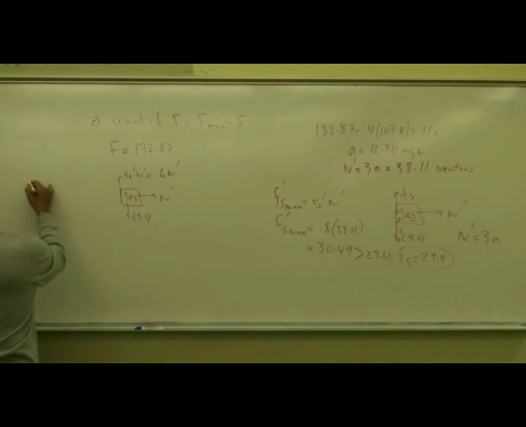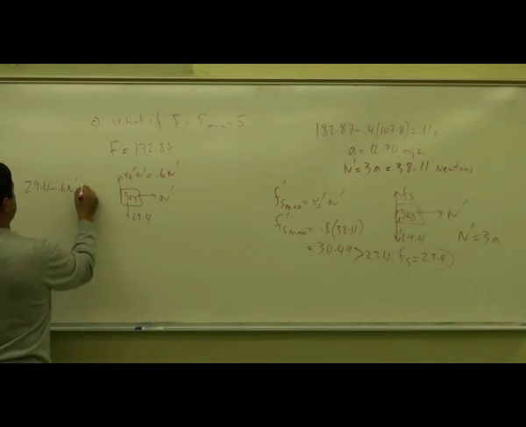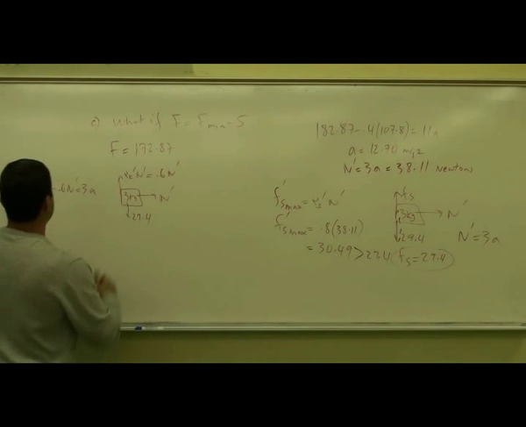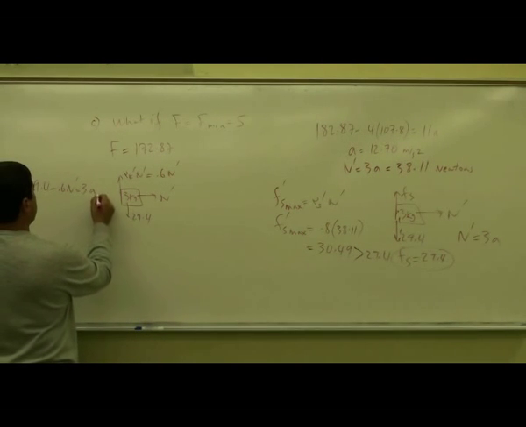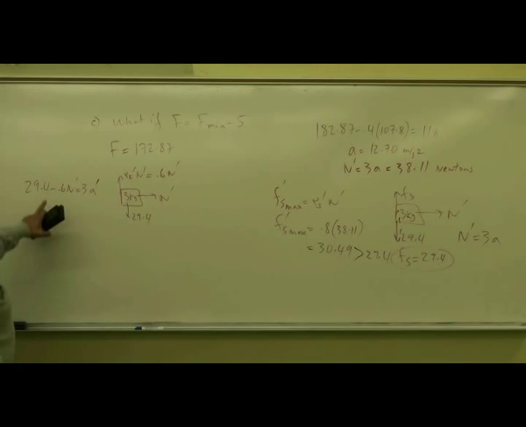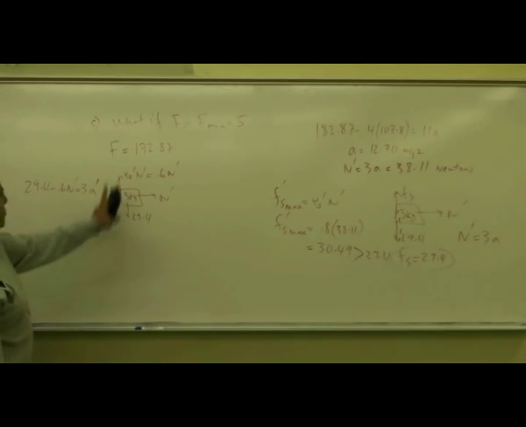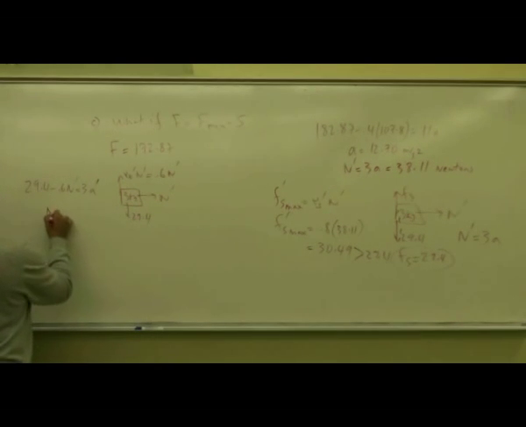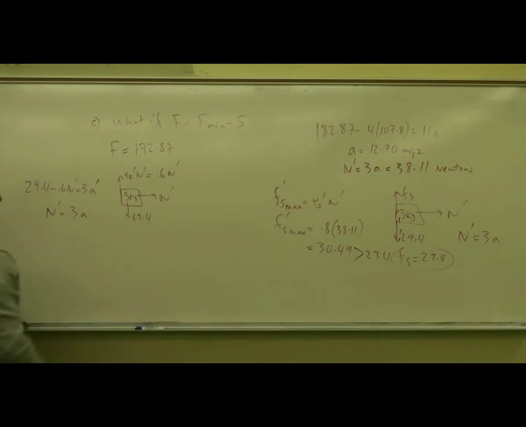So I have 29.4 minus 0.6 n prime equals 3a, sliding down in front of the 8 kilogram block. We can call this a prime. It's the downward acceleration, right? So this is the downward weight, this is the upward force of friction, and in the horizontal direction, we have n prime is equal to 3a.